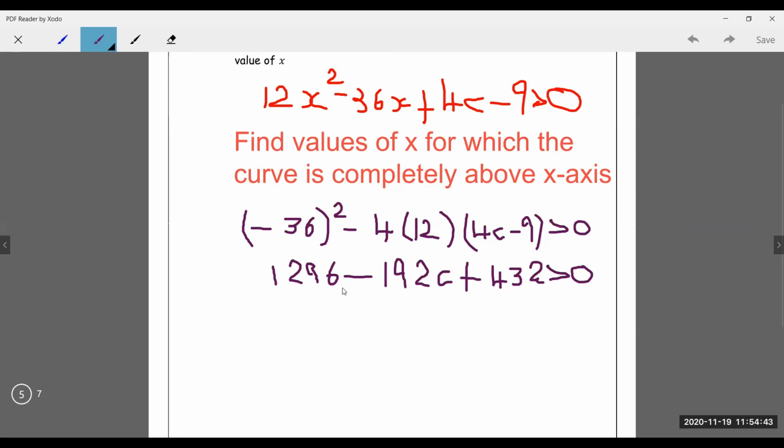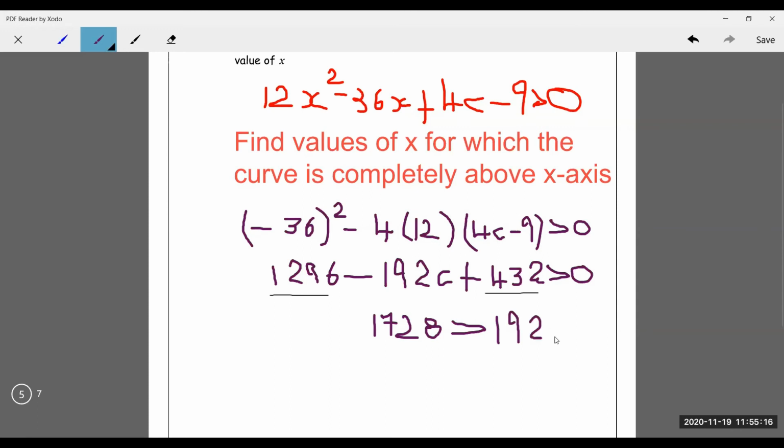Adding 1296 plus 432 gives 1,728, which is greater than 192c.